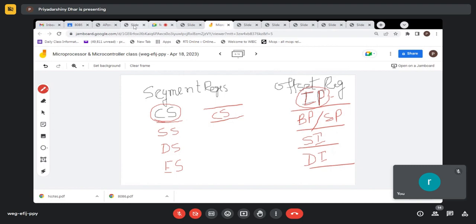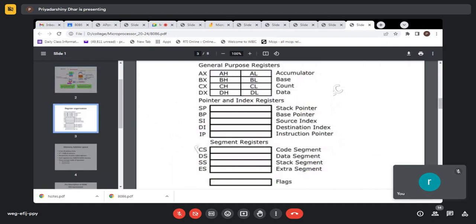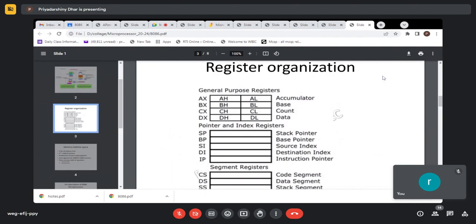Now next is register organization. For the 8085 microprocessor, how many general purpose registers do we have? 6: B, C, D, E, H, L. No, the accumulator is not a general purpose register.